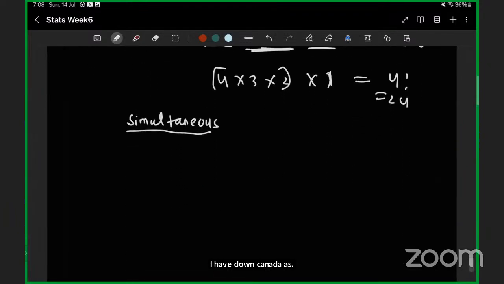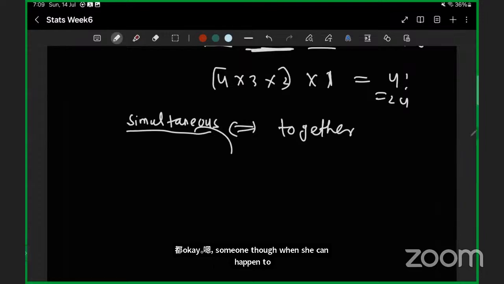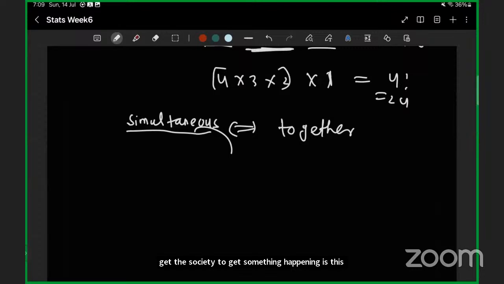So when two events can happen together, simultaneous means together, right? Something happening together is a simultaneous event. Let's say a year or a month is there.